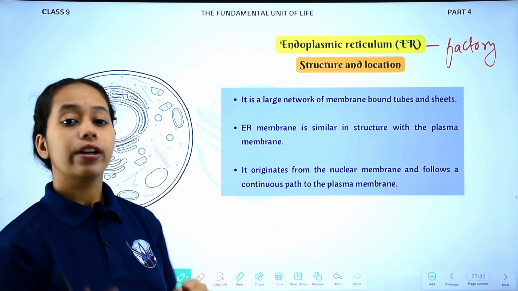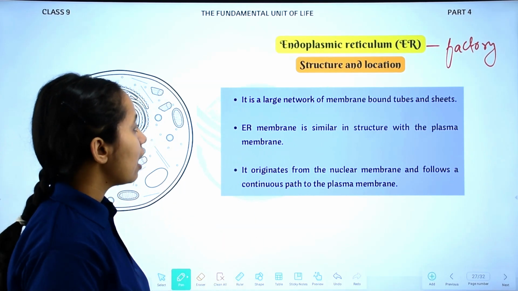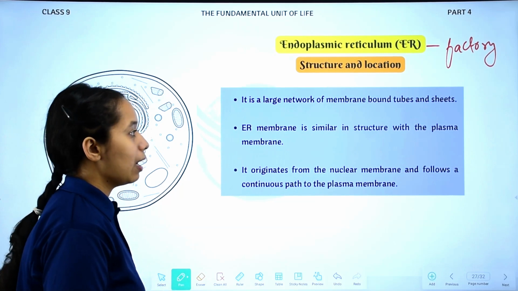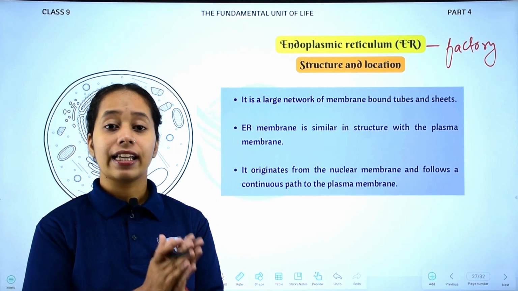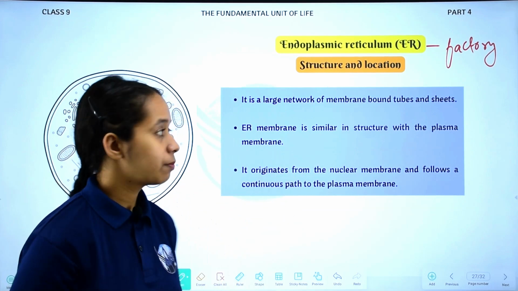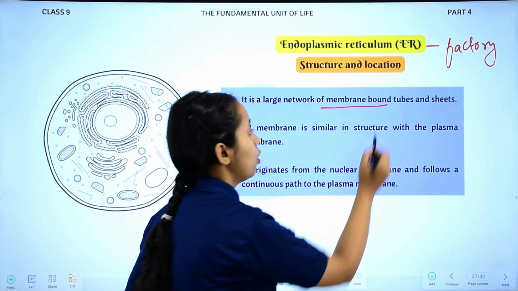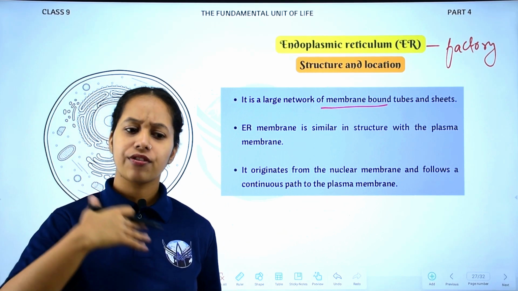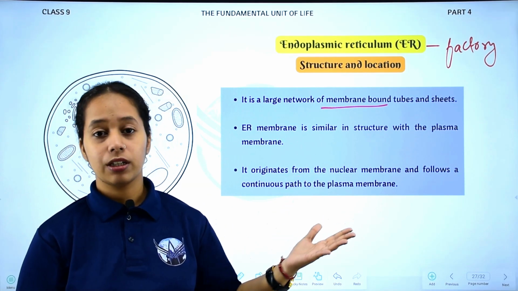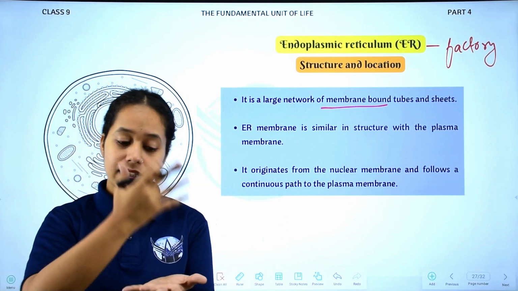So ER or endoplasmic reticulum is a large network of membrane bound tubes and sheaths. We already studied that cell organelles are membrane bound, so it is very obvious that endoplasmic reticulum is also membrane bound, meaning it has a membrane.